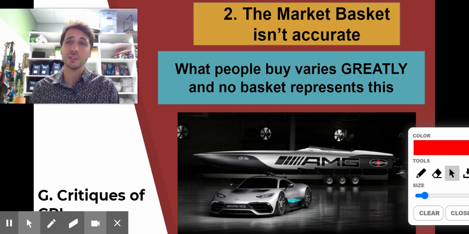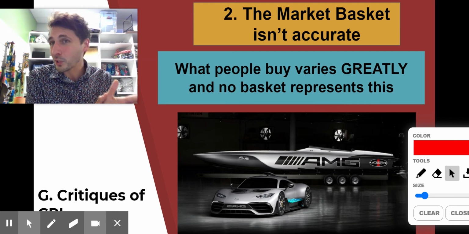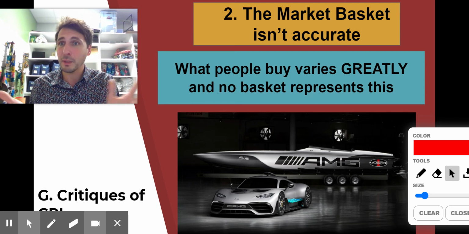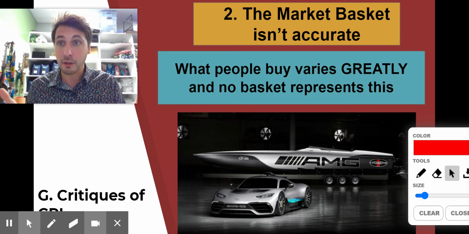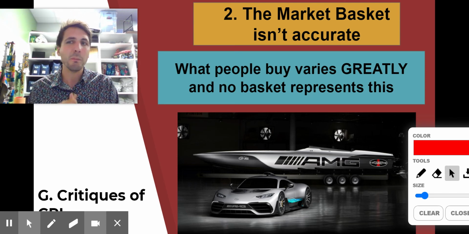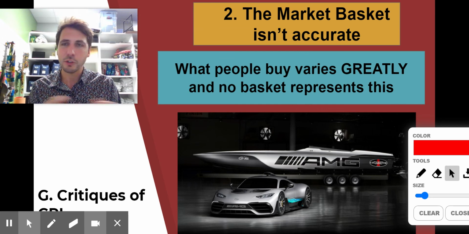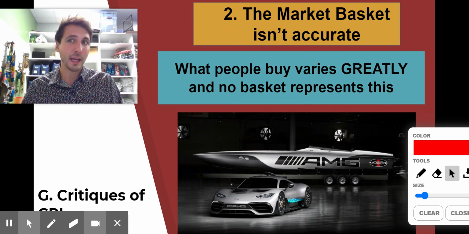What you pay for housing, what kind of consumer goods you prefer, what you actually buy in your basket versus the market basket indicated by the Bureau of Labor Statistics, very different things. So no basket actually represents the variety of goods and services. We know people that are poor have a different variety than people who are very, very wealthy. So the impact of a change in prices is different for every person. So CPI doesn't really account for that.